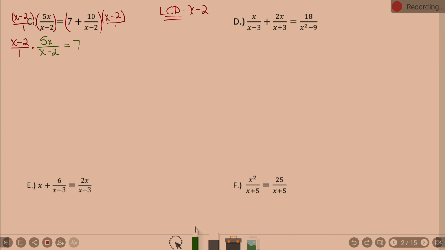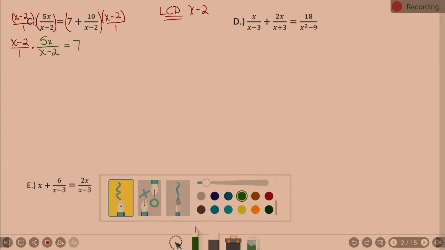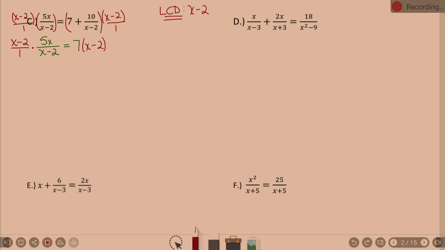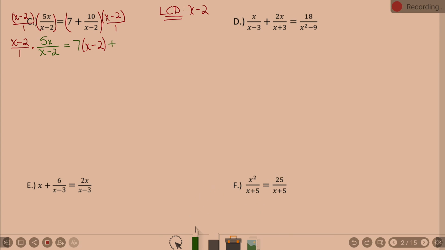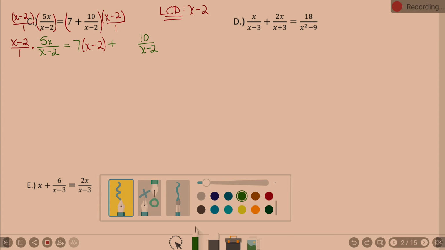I'm going to take the 7, and guess what I have to multiply the 7 by? X minus 2. It doesn't matter that it's not a fraction. It is still a term in this problem, so it gets multiplied by x minus 2. Plus, I'm going to multiply the 10 over x minus 2 by what? X minus 2.